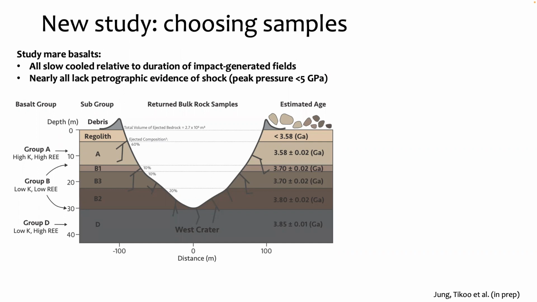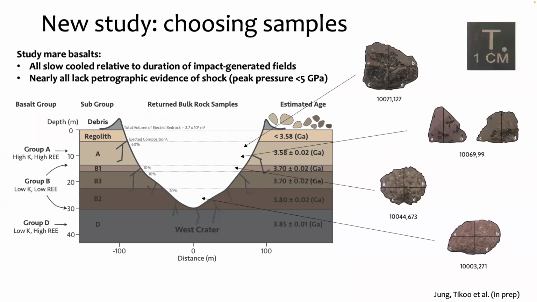Next, nearly all Mare basalts lack petrographic evidence of shock. They don't have shock deformation features in them at all, for the most part, which limits their peak pressures to less than about 5 gigapascals. So what my grad student at Stanford is doing right now, as a follow-up to this Tarduno paper calling into question the lunar magnetic record, is looking at these 4 Mare basalts very carefully.